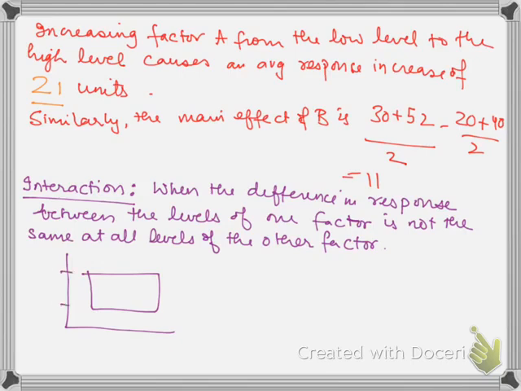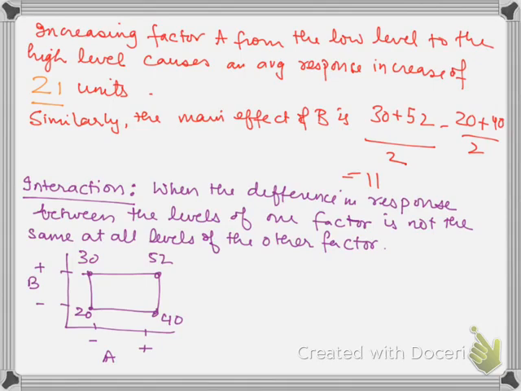So this one was low, high for B, and I'm just going to write in shorthand low, high for factor A. And this was 30, this was 52, 20 and 40.